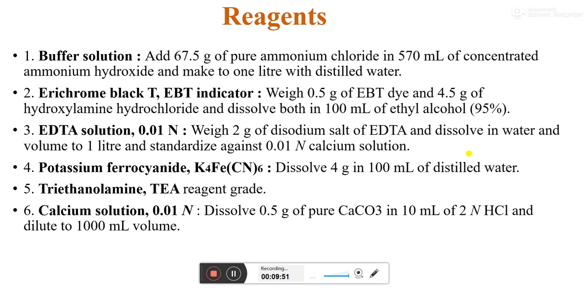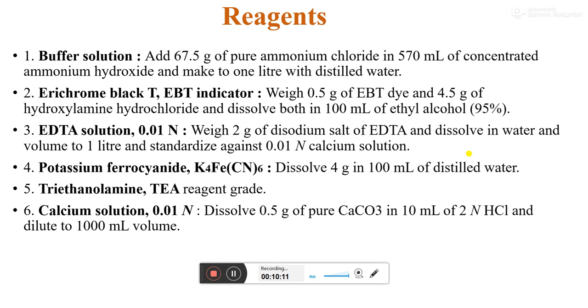So you have to add this ammonium chloride in 570 ml of concentrated ammonium hydroxide. Okay, so you have to take 570 ml of this ammonium hydroxide, and the final volume you have to prepare is 1 liter.